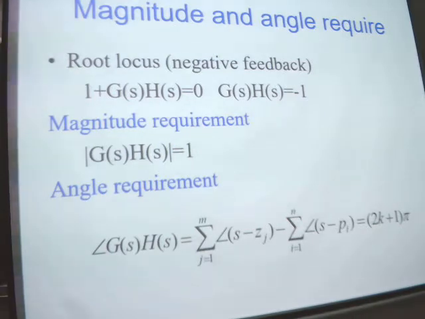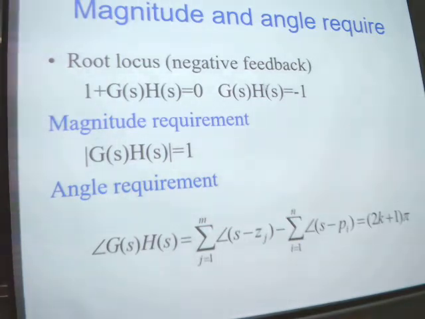Now, for this root locus, the magnitude and angle requirement. For the root locus, it is a negative feedback and 1 plus G(s) is equal to 0. It can also be written as G(s) is equal to minus 1. The magnitude requirement can be written as the magnitude of G(s) is equal to 1.